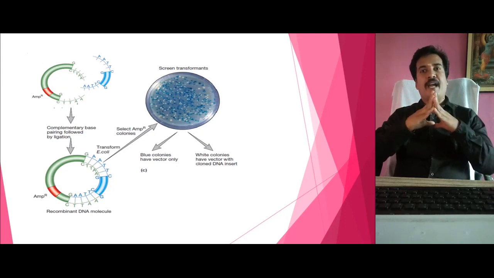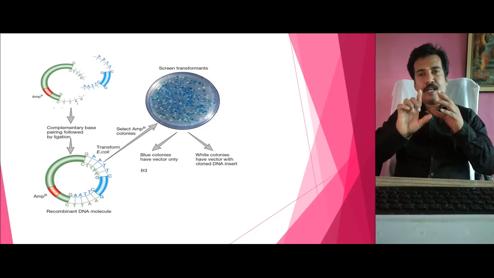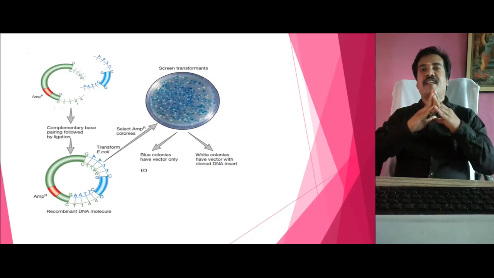If the bacteria E. coli doesn't carry any plasmid, it won't grow in the minimal media. So only the bacteria that carry the plasmid grow in the minimal media. If the blue color occurs, it means the beta-gal region is intact, and if white color occurs, it means the beta-gal, that is the lacZ region, has been interrupted, successfully cloned with a foreign DNA.